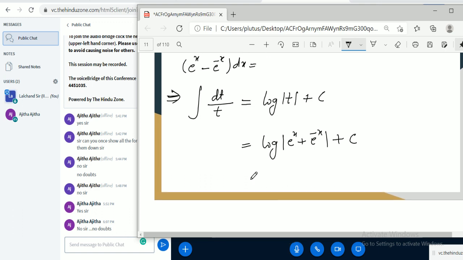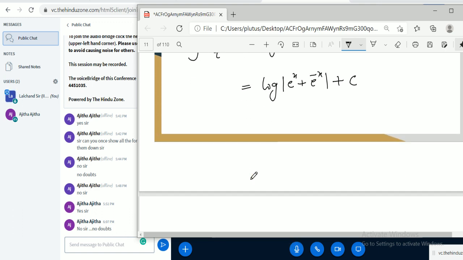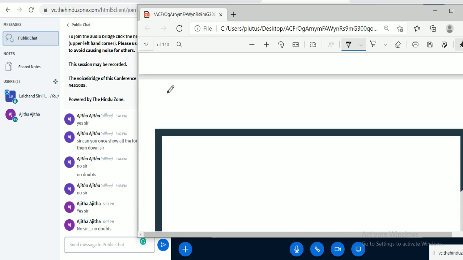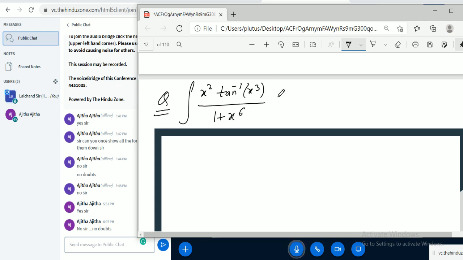Okay, so let us try to solve another question. So next question is integral of x square tan inverse x cube divided by 1 plus x to the power 6 into dx.